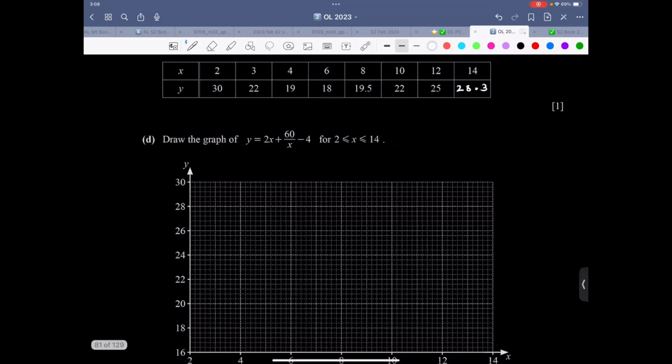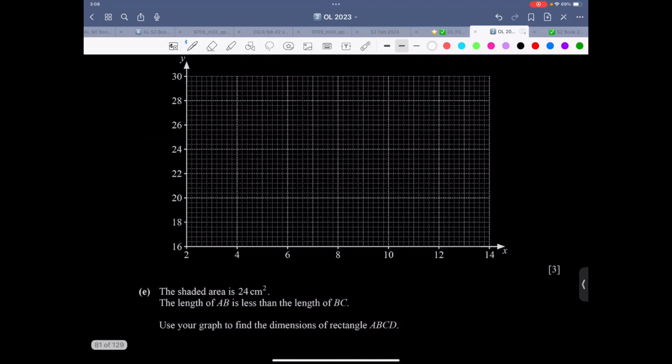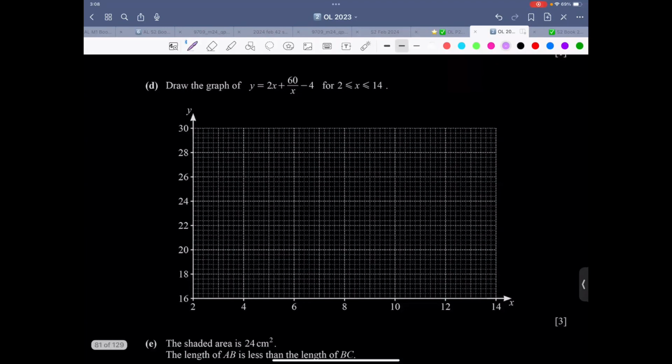Draw a graph of this. That is 2 and 30, 3 and 22. So 2 and 30, that is this thing. 3 and 22, that is this thing.